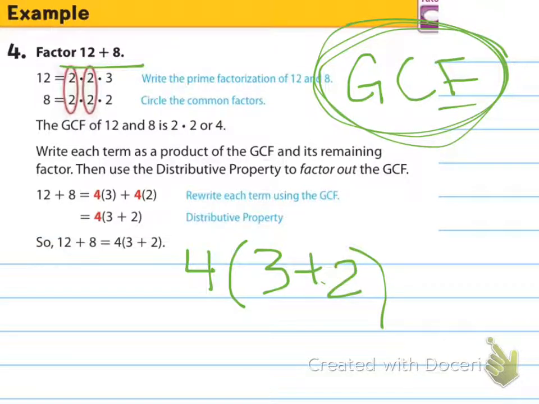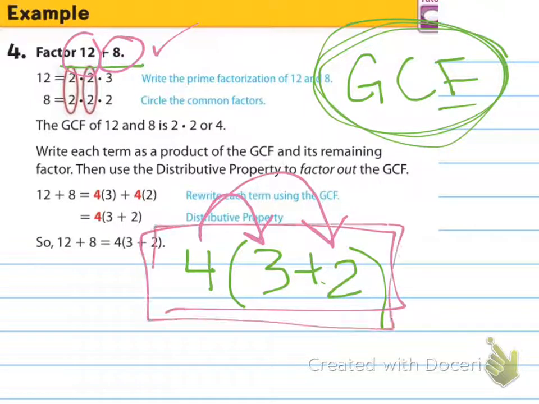And this is going to be my answer, 4 times 3 plus 2. Now if I want to check my work to make sure that I did it correctly, I can use distributive property to check my work. I can say, here's my little rainbow, right? 4 times 3 would be 12, plus 4 times 2 is 8, and that's how I would check my work. But my final answer is 4 times 3 plus 2 in parentheses.